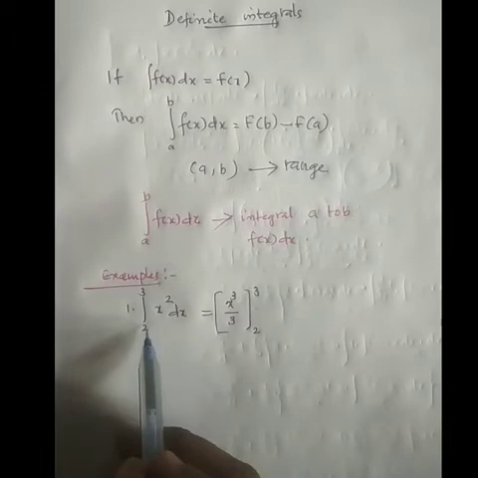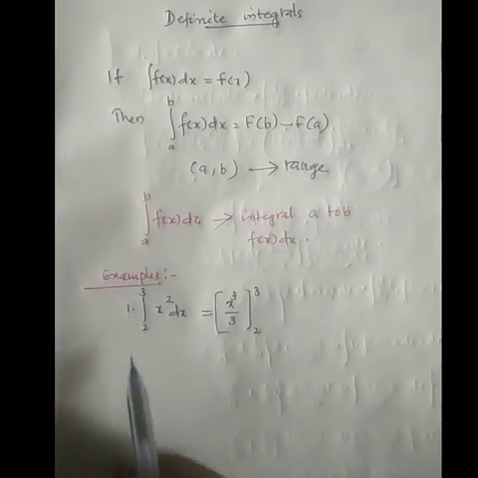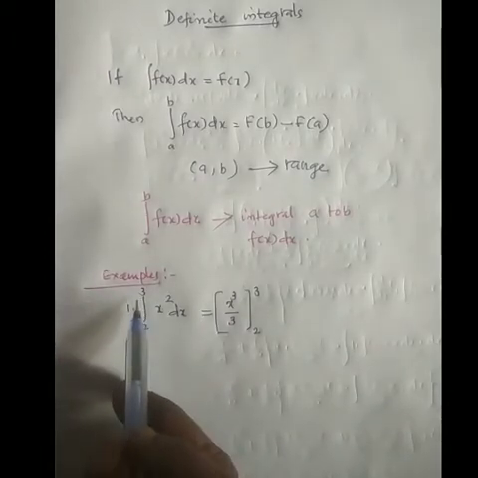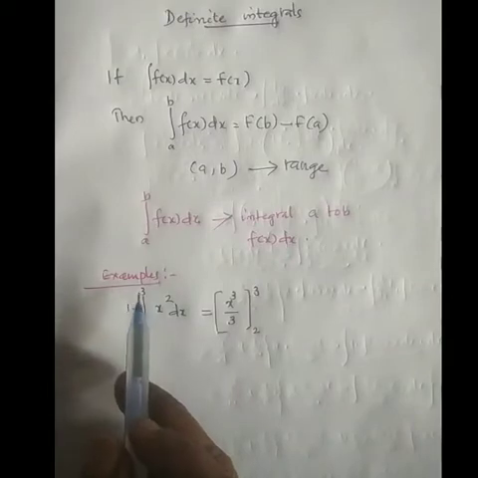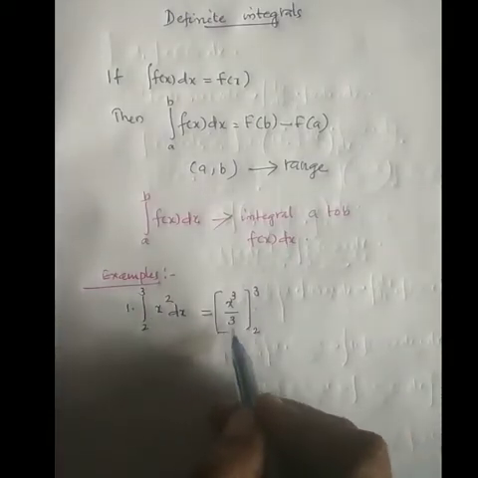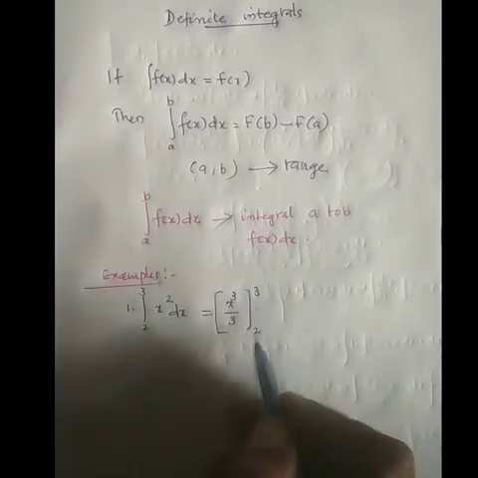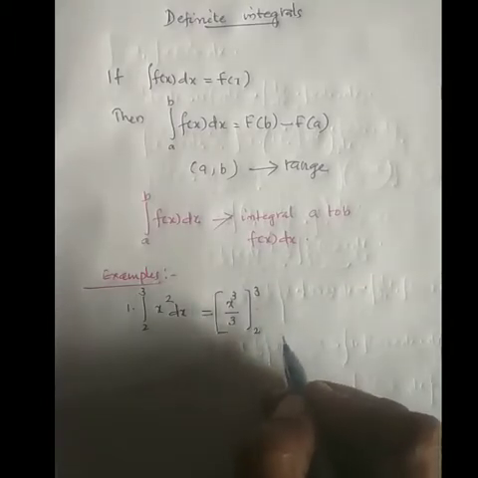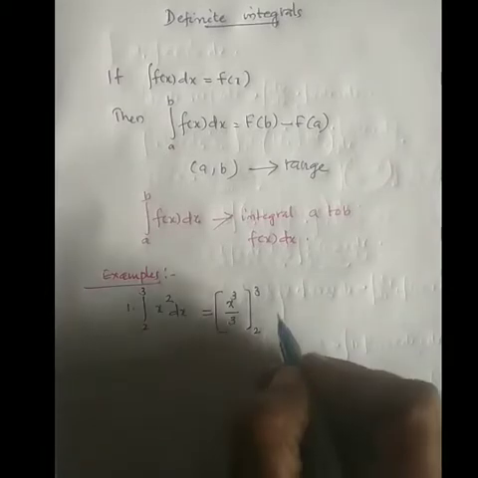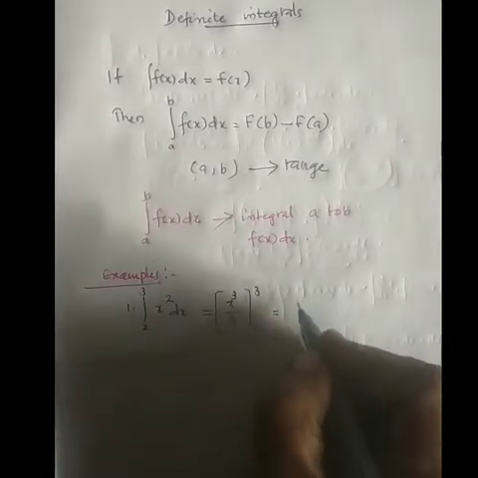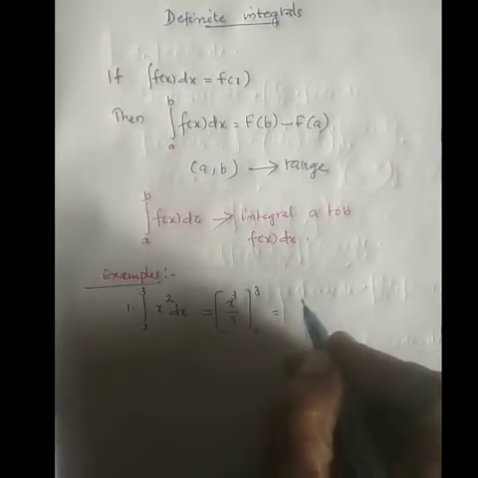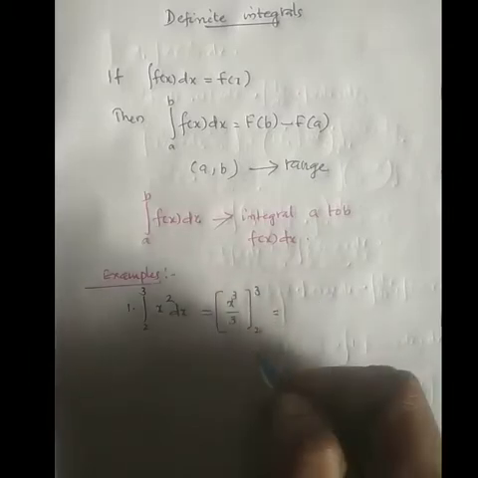Here the limits are 2 and 3. 2 is the lower limit and 3 is the upper limit. So the answer is x cube by 3 from 2 to 3. First we put the upper limit and then the lower limit for the variable x.